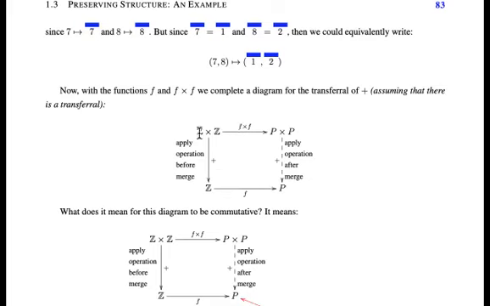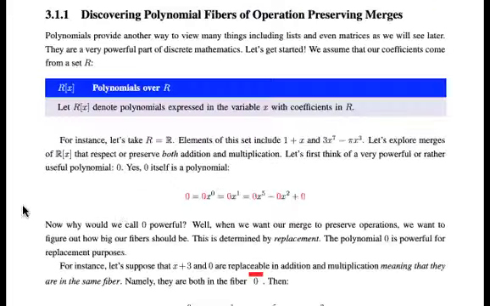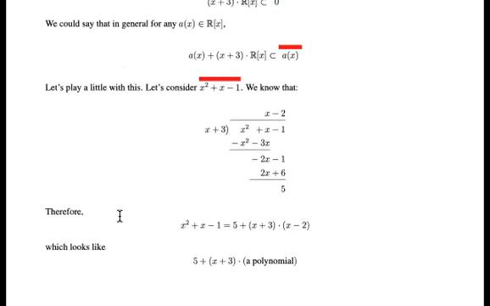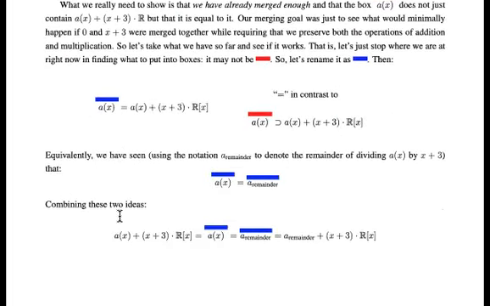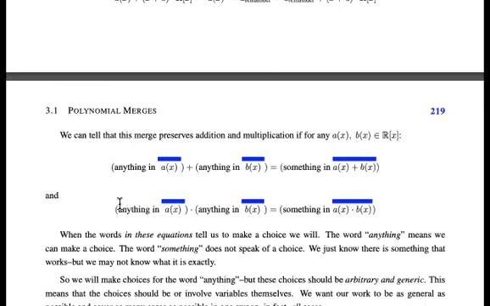Now, the crux of this argument, or of what we need to show, was basically the fact, and we'll go forward to where we are currently, which is right here, is this idea.